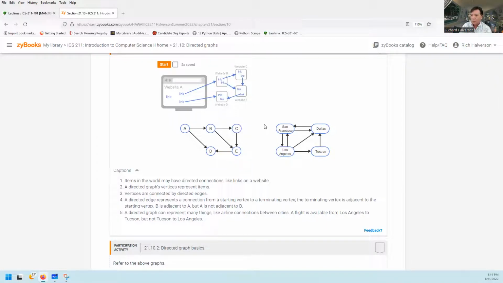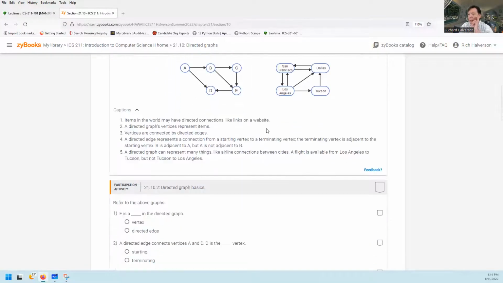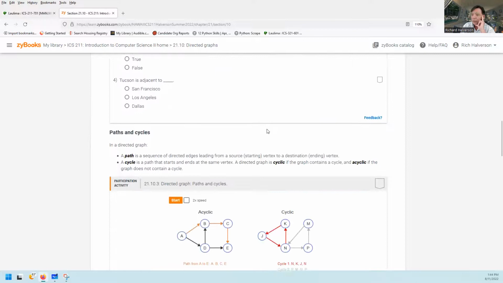But B is adjacent to A because it only takes one step from A to get to B. That's what adjacency means. All right, so make sure you understand that.